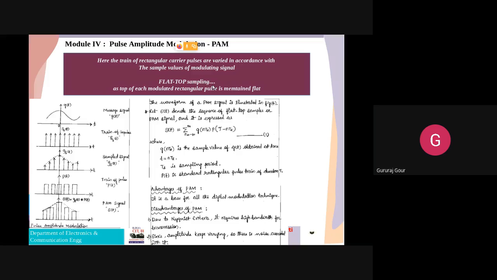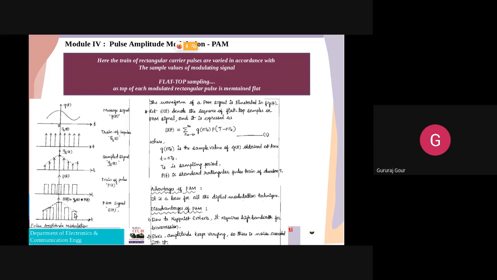This is also known as flat top sampling, as the top of each modulated rectangular pulse is maintained flat. In the train of pulses you can see the top edge is maintained flat. These get varied as per the instantaneous amplitude variation of the message signal g(t). The envelope, shown by the dotted line, is the instantaneous variation of the amplitude of the message signal.